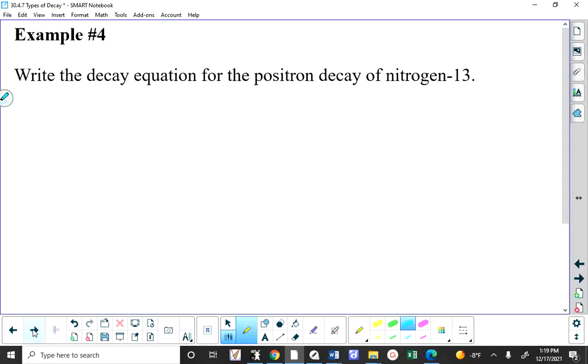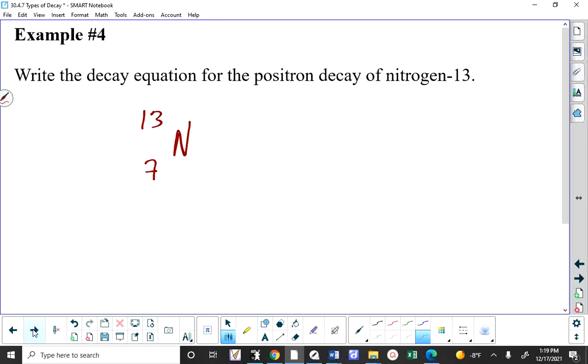So let's write the decay equation for the positron decay of nitrogen-13. We go to our periodic table, we locate nitrogen, which is number 7, and it's nitrogen-13, so we put a 13 up top.